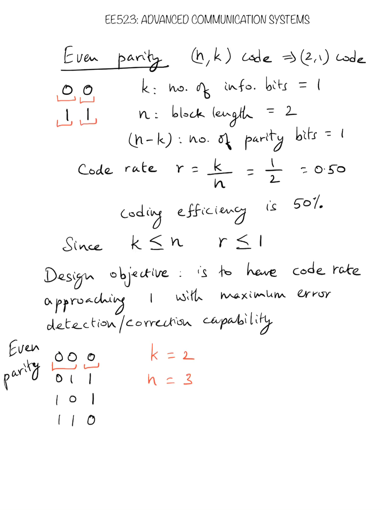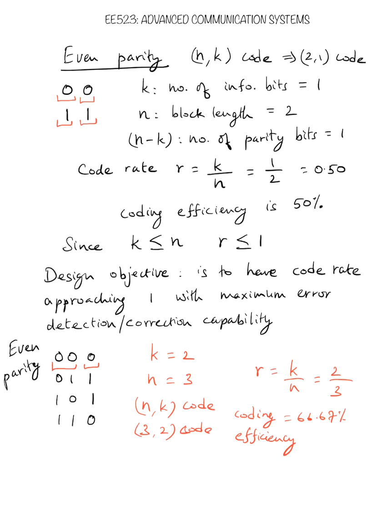So we write this as an NK code, which in this case is a 3-2 code. And what is the code rate here? Code rate is k by n, which is 2 by 3, which becomes 66.67%. So the coding efficiency is 66.67%.